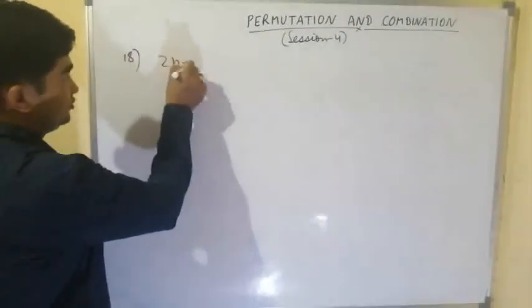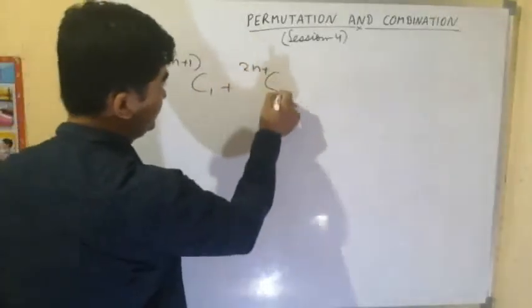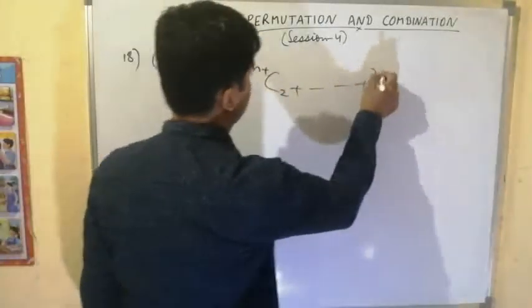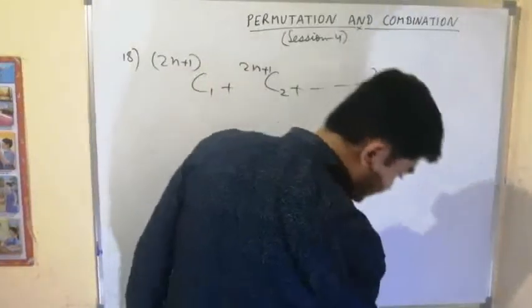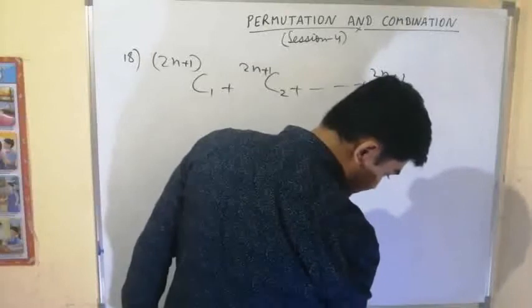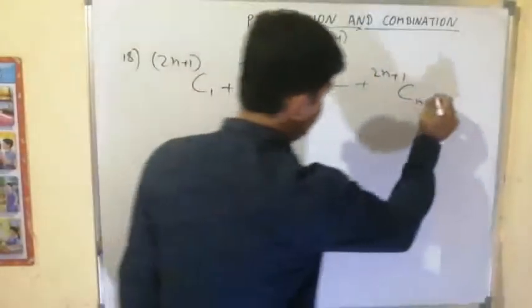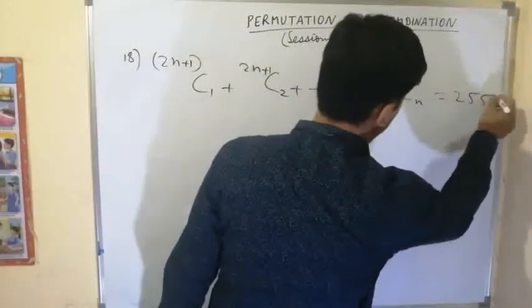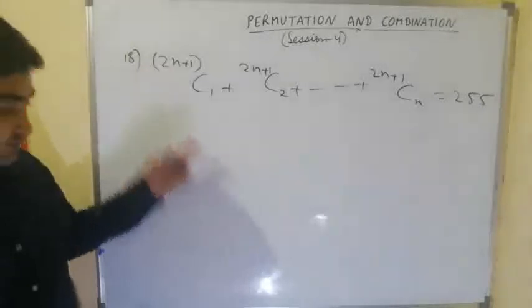There are 2n plus 1 coins. A person can select either 1, or 2, or maximum n. Maximum he can select n. Then the total number of ways is given as 255, and we have to find n.